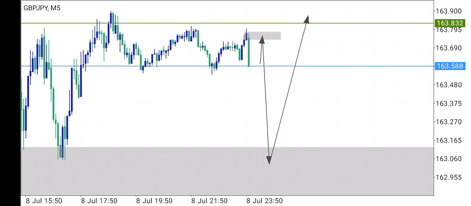So when a higher time frame helps us to know what to look for, we know what to look for.